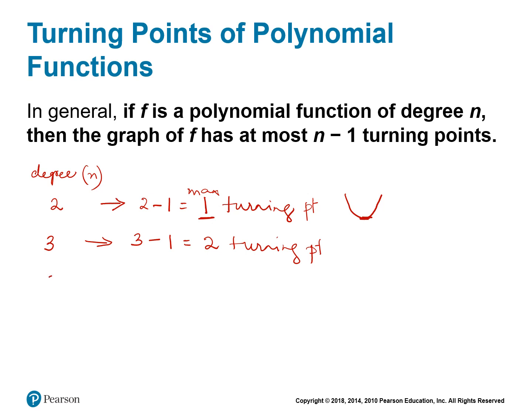For a polynomial of degree 6, you can expect it to have 5 turning points at the most. Again, these are max. It could have fewer, but that's the max it'll have. Maximum of 5 turning points, n minus 1. All right, that's what this rule is about.